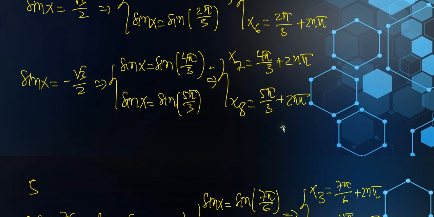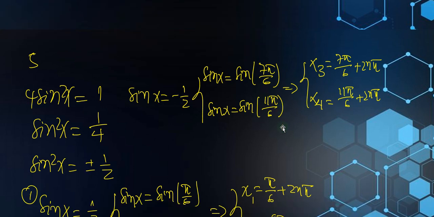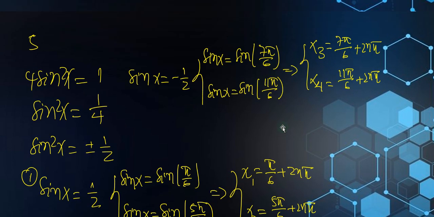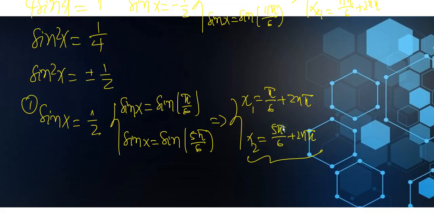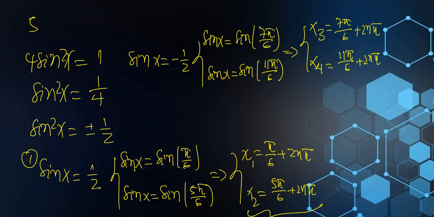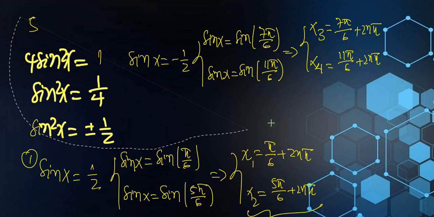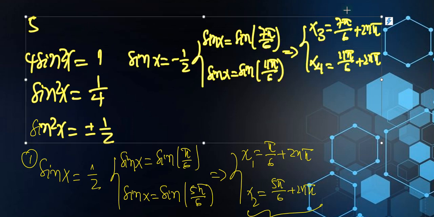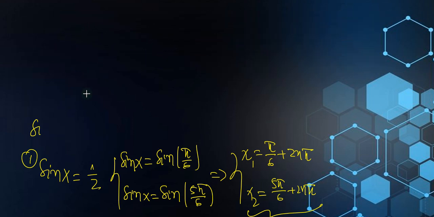So if we want to check one of our solutions just to confirm if we solved it right or wrong, let's check this quickly here, okay? So our first solution is this one here. In this case we say that n is 0, because n is equal to 0, plus or minus 1, plus or minus 2, and so on.